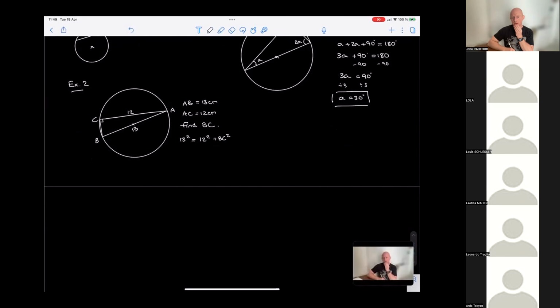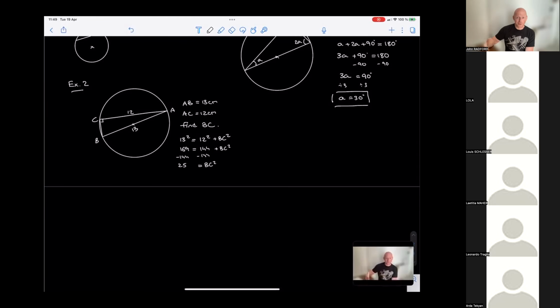13 squared is 169, and 12 squared is 144. So I can solve this now and figure out what BC is. If I subtract 144 from both sides, 169 minus 144 is 25, which is equal to BC squared.